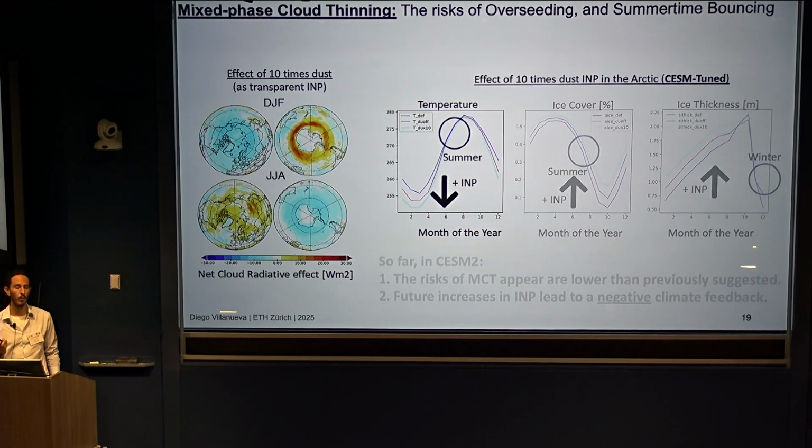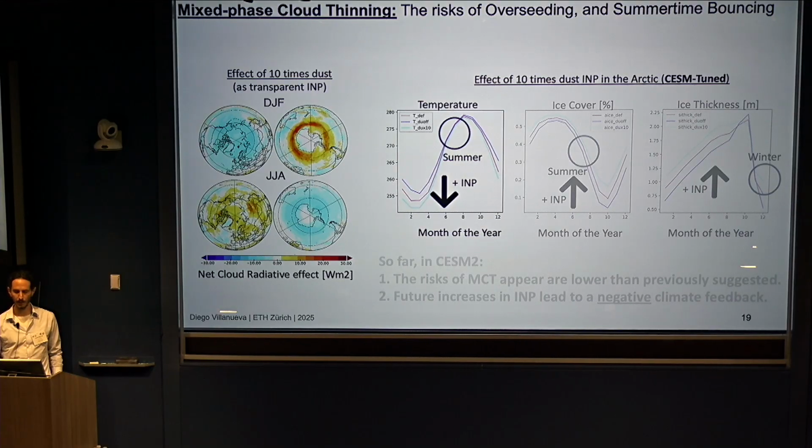So it's quite counterintuitive, because if you look at the net cloud radiative effect on the left, in the Arctic, on the left two plots, we have in summer over the Arctic a warming effect. So we were expecting to have warmer temperatures once you increase the INP.